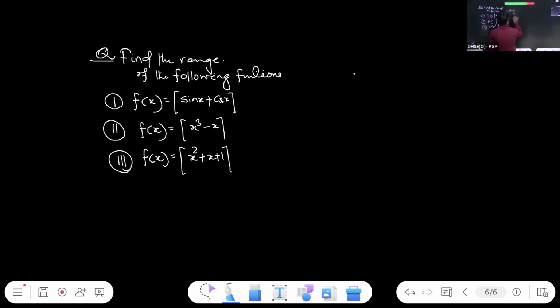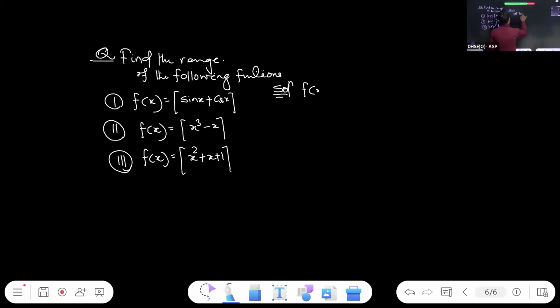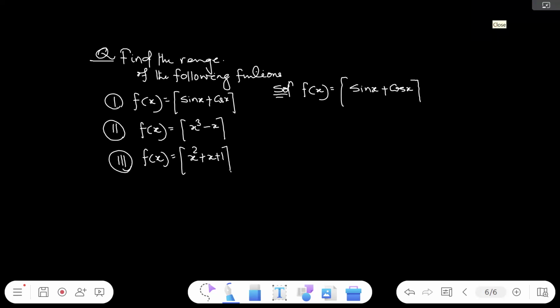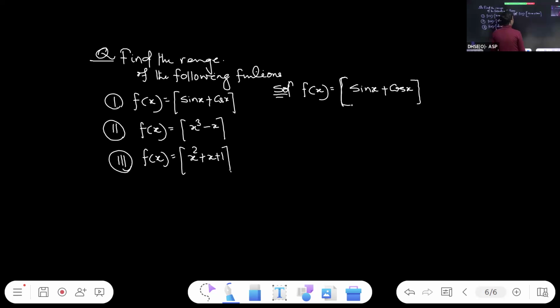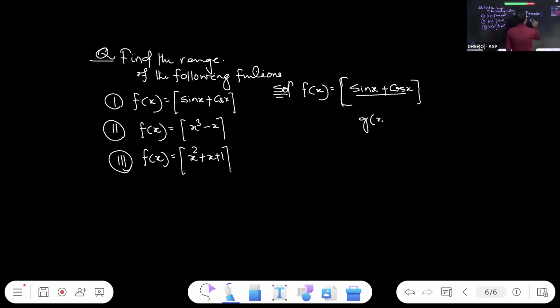Come to the solution. F of x is equal to bracket of sin x plus cos x. Let us consider g of x is equal to a sin x plus b cos x.